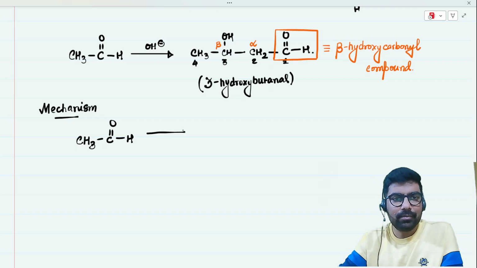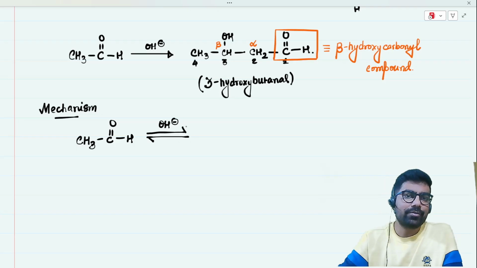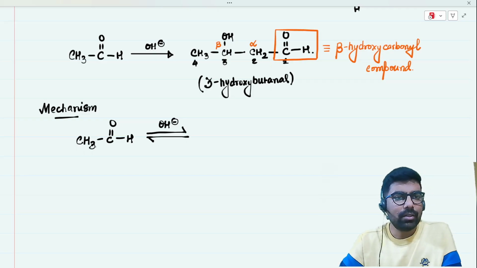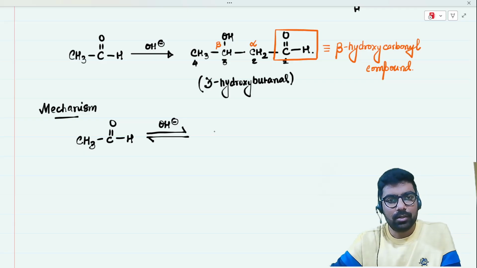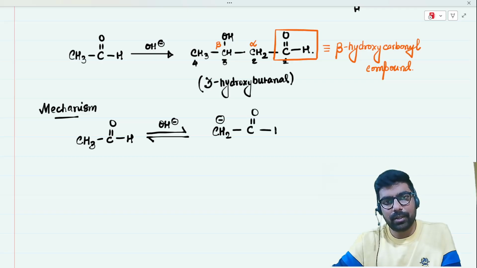OH will act as a base, and it will abstract an alpha hydrogen. So now there are 3 alpha hydrogens. So OH can abstract any of the alpha hydrogens. So we will have CH2 minus, C double bond O, and H.